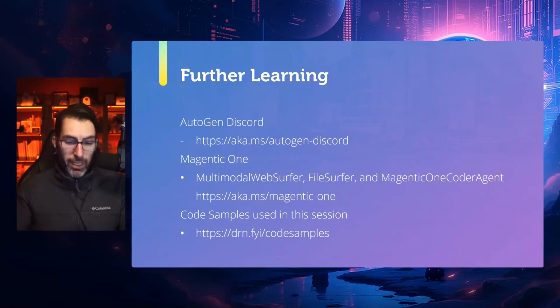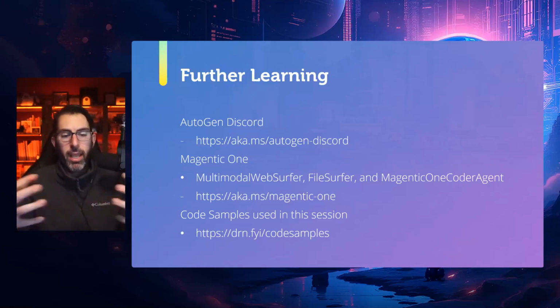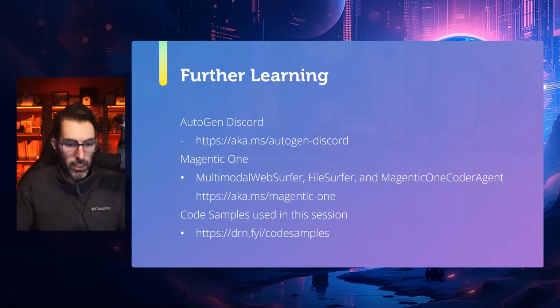I wanted to put the link in because it has some higher level functionality like a multimodal web server, file server, and a coder agent that comes out of the box, instead of you taking the primitive agents, as I'm going to call them, and building on top of that. For a couple of these high-level functionalities, you might prefer the additional agents that come with Agentic One.